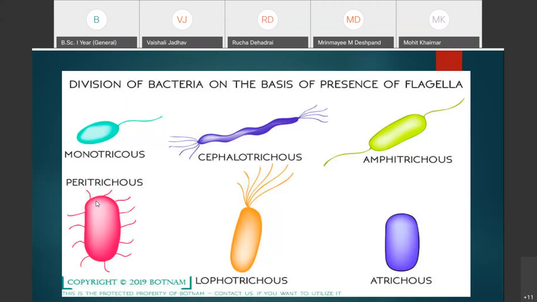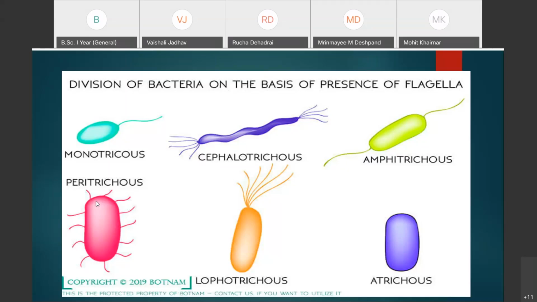These flagella are made up of a specialized protein called flagellin. The specialized protein from which the flagella is formed is called flagellin. With the help of these flagella, bacterial movement takes place.